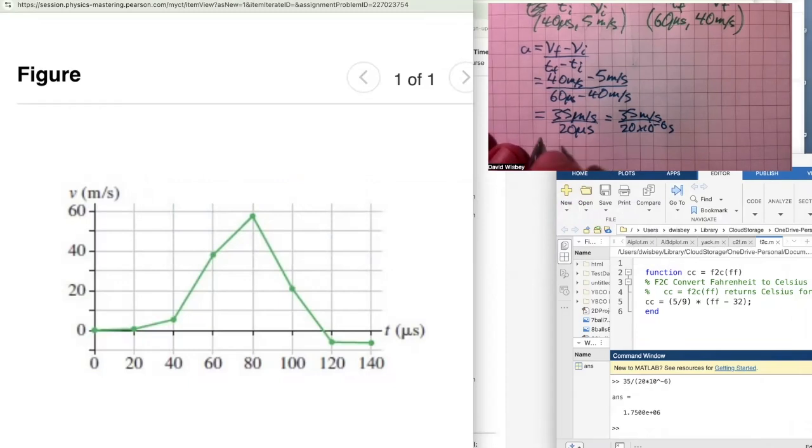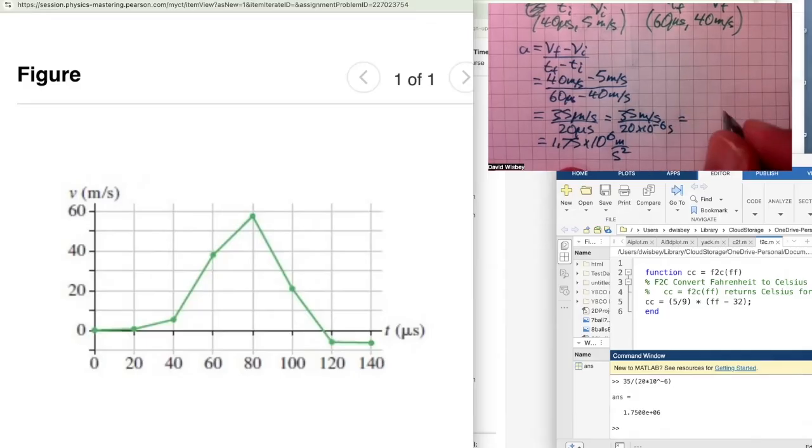What do I have there? I have 1.75 times 10 to the 6 meters per second squared. And I do end up with the right units.